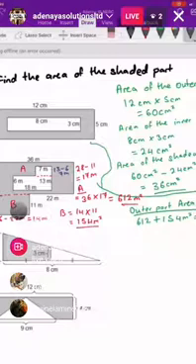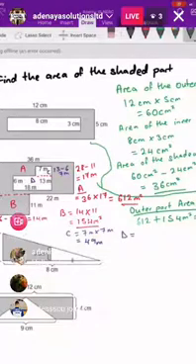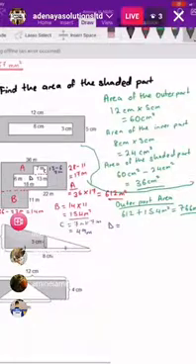So let's say this is C and this is D. So C will be 7 meters times 7 meters, which gives you 49 meters squared. And then D will be, I'll make it smaller so you can see.